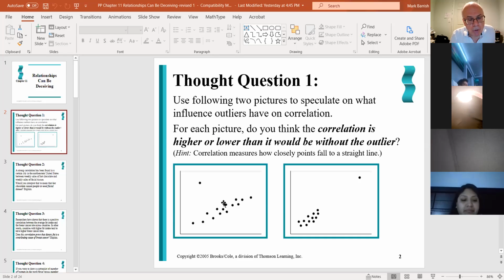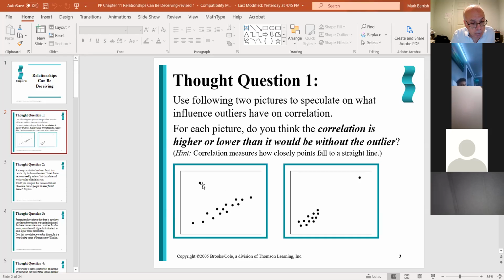So number one, do you think that the direction of the correlation is changed at all by having that dot there? Do you think the direction is changed? It's sloping up to the right for the other dots. Is that dot going to change the direction at all? No. Do you think it's going to change the slope of the line?